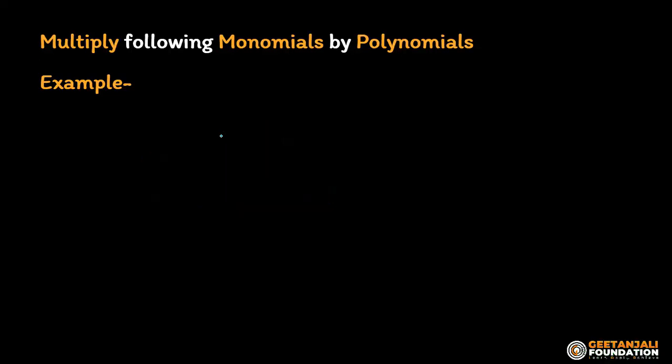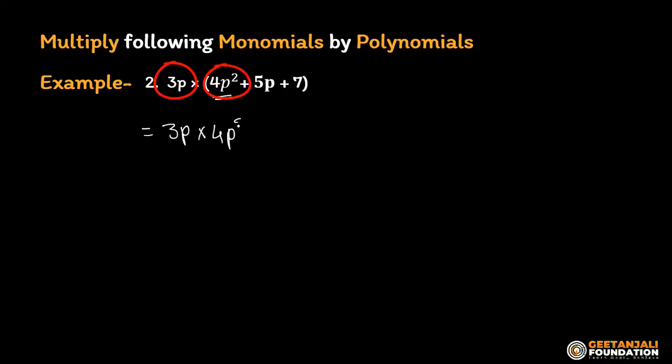Let's take one more example. It doesn't matter how many terms are there inside this bracket. The rule is that this 3p will be multiplied with each term inside the parentheses. So I will write 3p times 4p square. Then I'll take this plus sign.